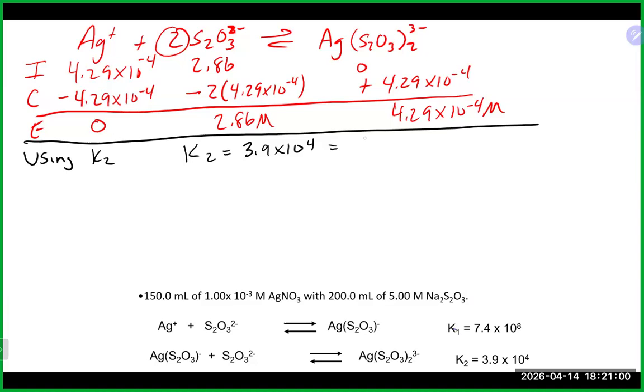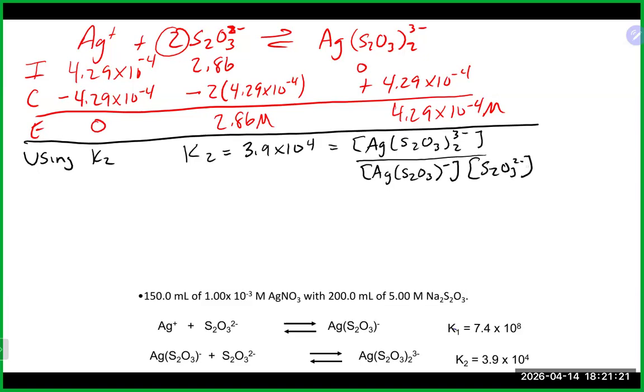And that equals the concentration of my complex ion divided by the concentration of that intermediate that we're interested in, and my ligand here. And again, I have basically two of those three pieces of information.